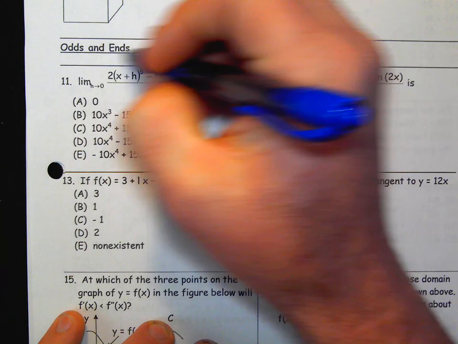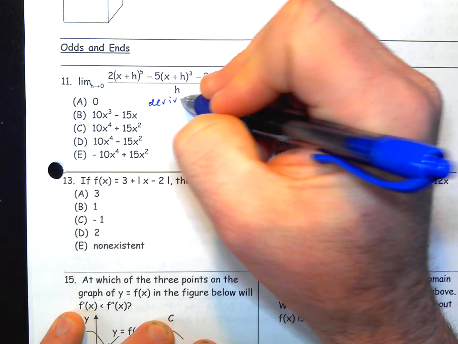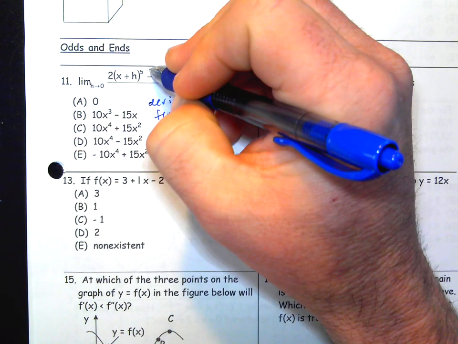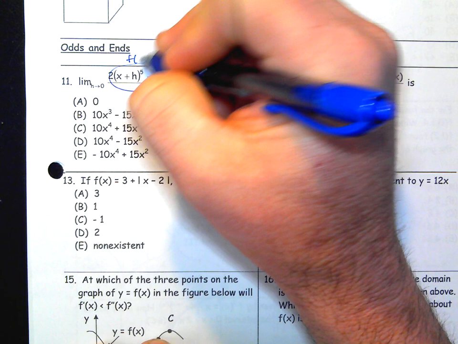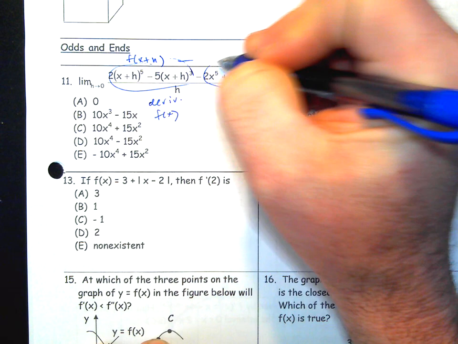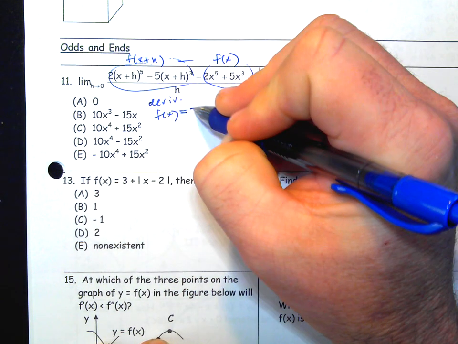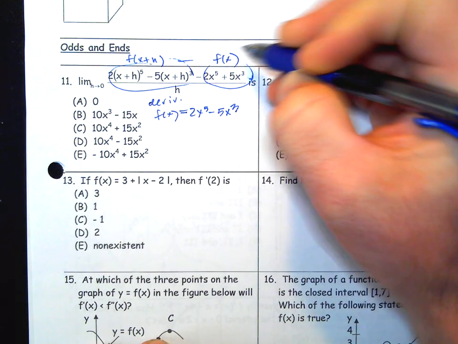This right here, you should look at and say, hey, that looks like a derivative. And you say, well, what's the function that we're taking the derivative of? It shows up twice, like here and here, right? This is because it's like f of x plus h minus f of x. And so this function just has multiple terms. I bet it's 2x to the fifth minus 5x cubed. And here you'd be like, but it's a plus.